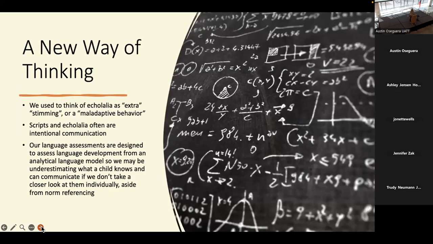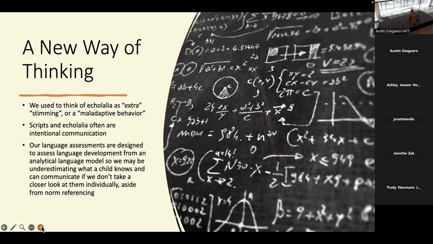Okay, so I don't know about you, but getting on board and really being able to understand Gestalt language processing required a new way of thinking for me, because when I was in my grad program and out in schools with special ed teachers, I heard a lot that echolalia was extra, it was vocal stimming, and it was a maladaptive behavior.